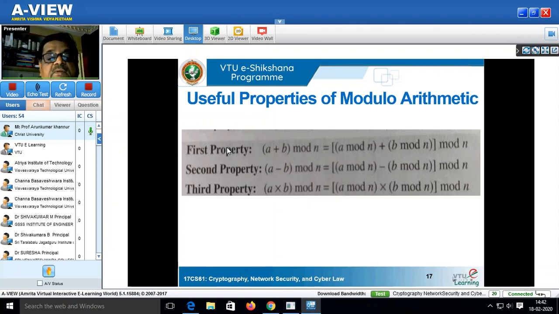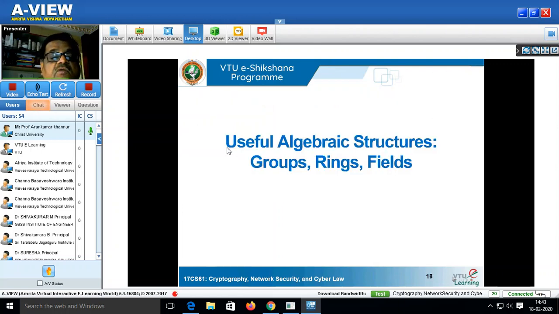Second property: a minus b mod n is congruent to a mod n minus b mod n, mod n. Third property: a into b mod n is congruent to a mod n multiplied by b mod n, mod n. These are the three properties which are very useful in modulo arithmetic.